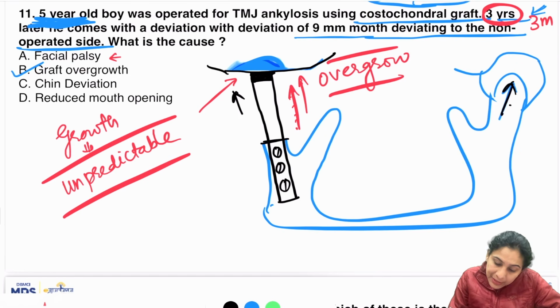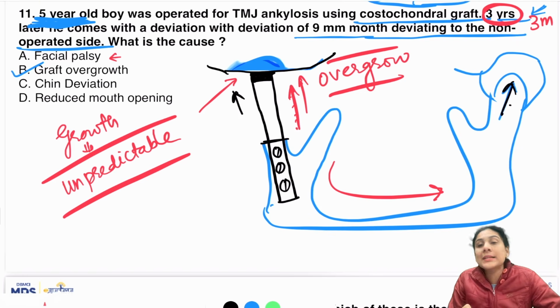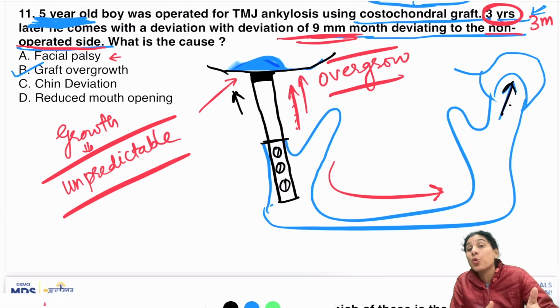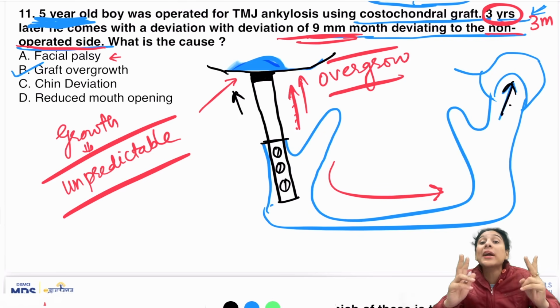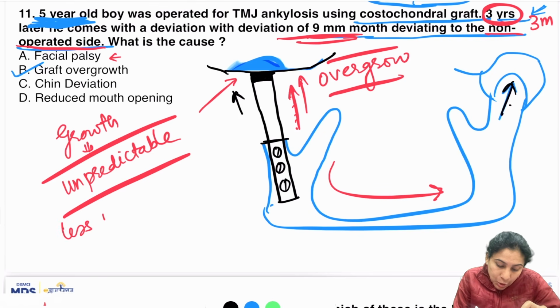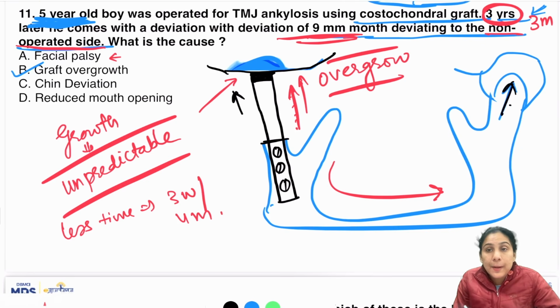The chin will deviate to the non-operated side, which is the question. 9 mm of deviation to the non-operated side. Why? Because the operated side is overgrowing. So time is very important. You will have two kinds of questions. One set of questions will give you a very short time. So the answer will be 3 weeks or 4 months. Alright.